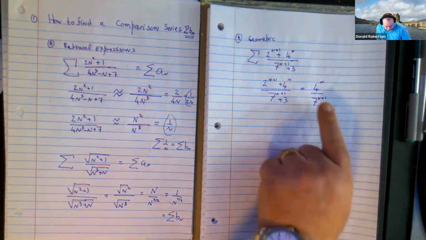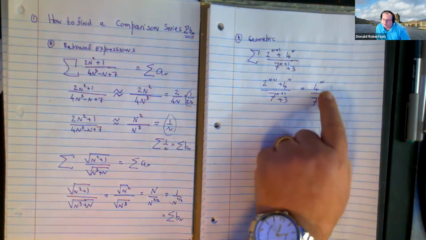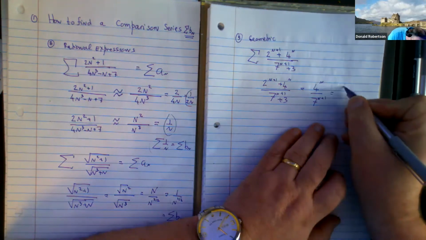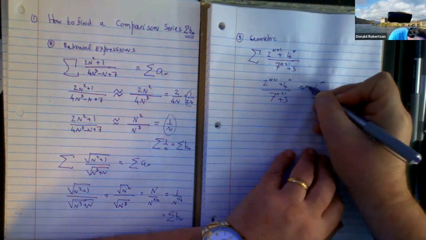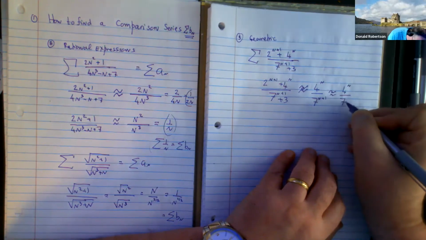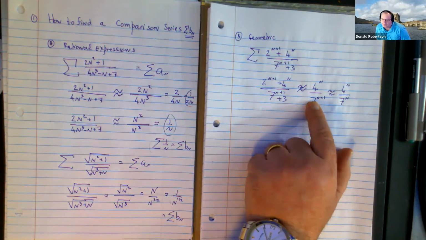Now, what that is going to become is a geometric series. And right now, it's not quite there because I've got n here and an n plus 1. So I'm going to make them both the same. And you might say, but wait a minute, you've dropped one of your powers of 7.